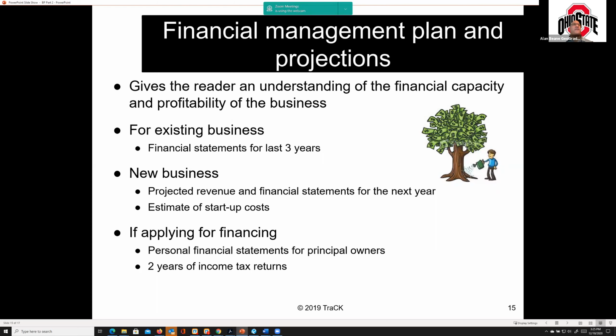And if you're applying for financing, oftentimes you might have to provide personal financial statements for the principal owners, and also two years of income tax returns. So these are some of the things that go into the financial management plan and projections part of your business plan.